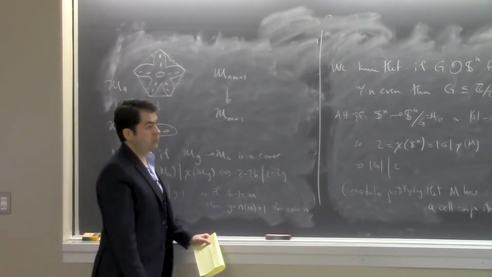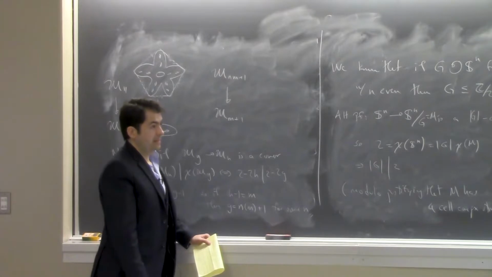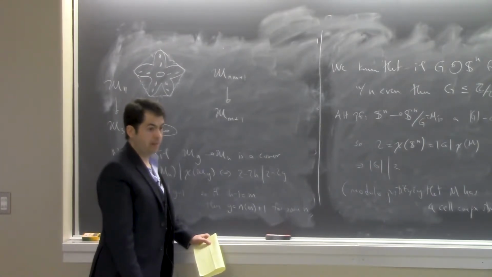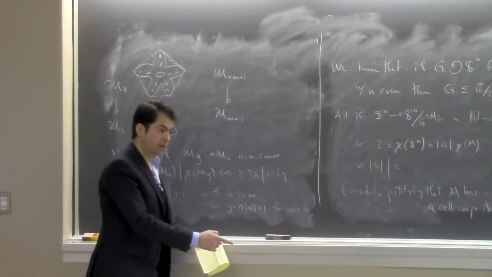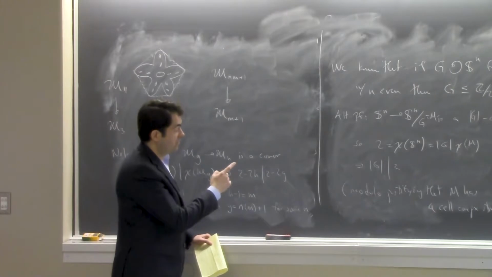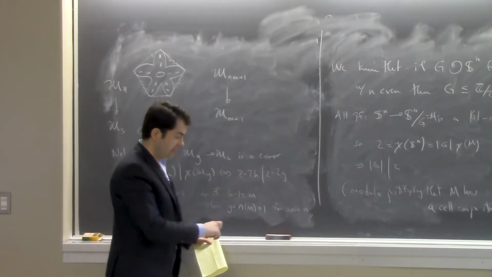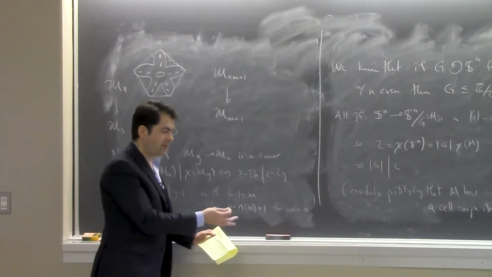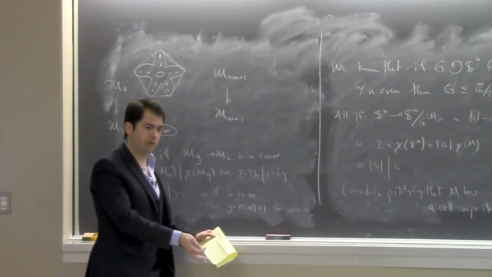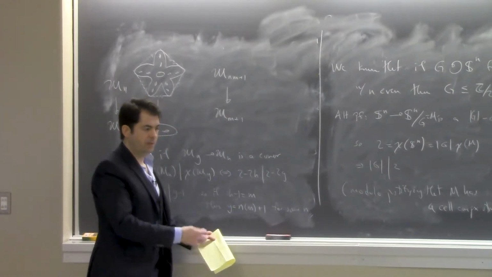However, if you don't demand that things act smoothly, then even with finite groups, you can cook up settings where the quotient space is not a stratified space of that sort. It's called a Thom-Mather stratified space or a Whitney stratified space.